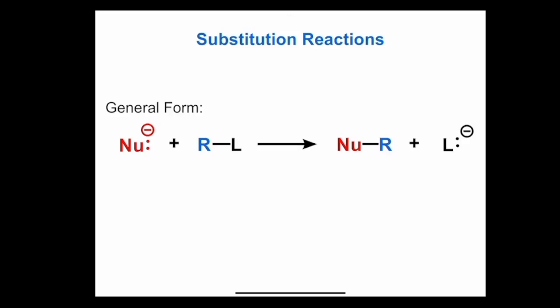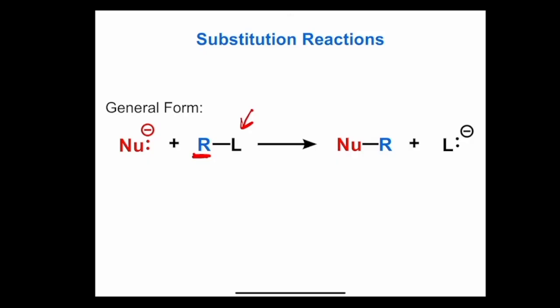A what we call nucleophile, Nu, will react with some substrate. The substrate is made up of the target molecule and what we call the L or leaving group. It's a bimolecular reaction. 2 things come in, and if you look at what happens here, 2 new products are formed.